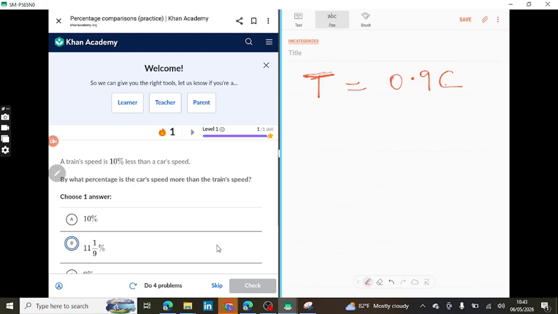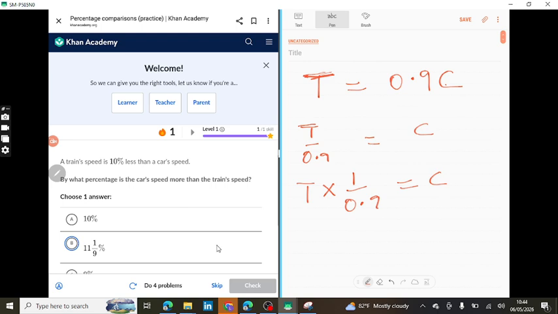What we are going to do is make c the subject of the formula. If you make c the subject, it will be t over 0.9 equals c. But t over 0.9 is also the same thing as t times 1 over 0.9 equals c.